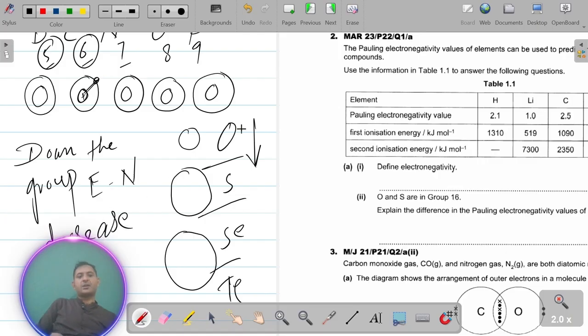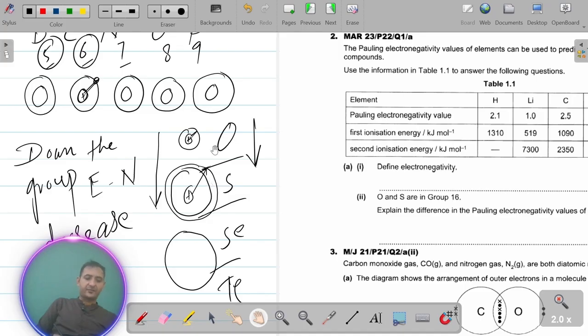Why is it decreasing? Bigger size means the distance from the nucleus to the valence shell is larger, so the attraction is smaller. But if the size is small, then the attraction between nucleus and electron is very strong. So when we move from top to bottom, electronegativity decreases. Now we can give the reason. Oxygen has fewer protons and fewer shells, and sulfur has more protons.